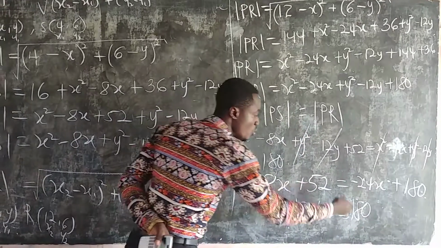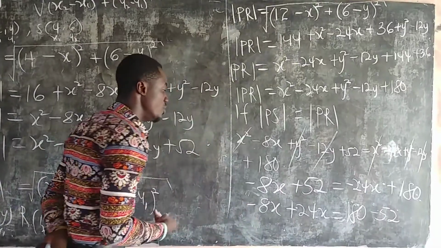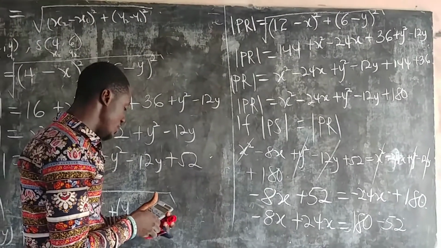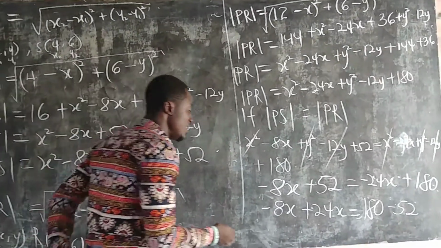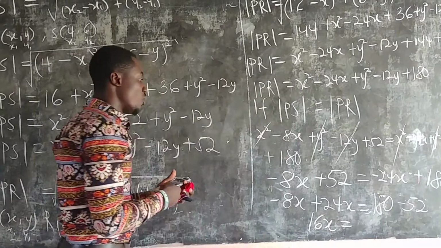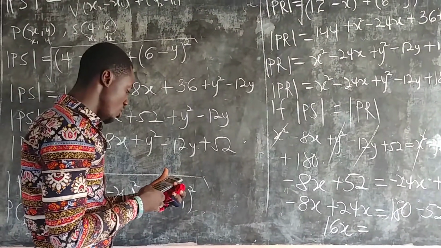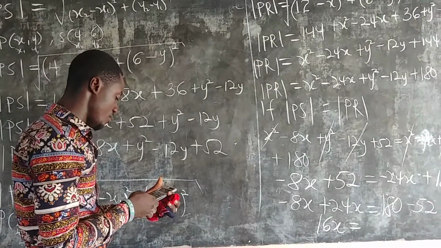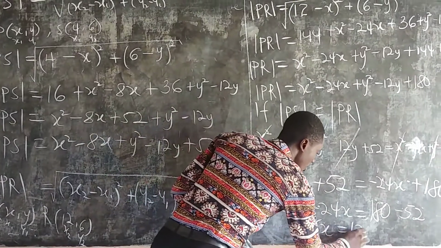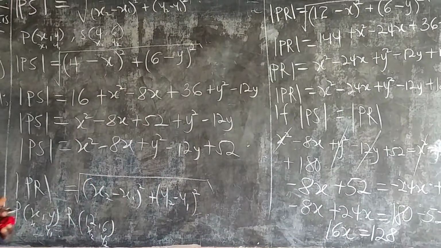The 52 will go, so we get negative 52. Good. Now, negative 8 plus 24 will give you 16x. We have 16x equal to 180 minus 52, which will give you 128.